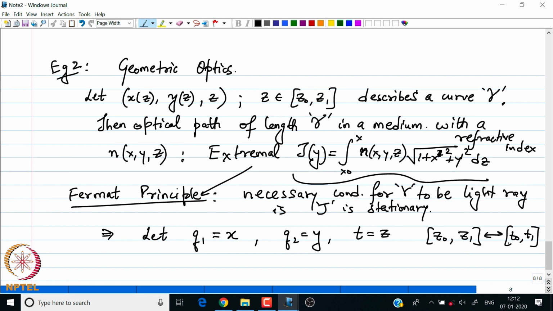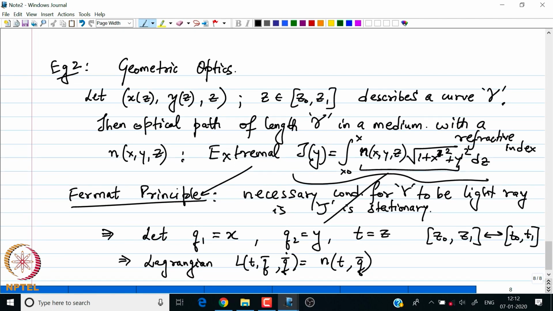And then further, note that my Lagrangian L of t, q bar, q bar dot is given by n of t, q bar, which is this quantity transformed in the new variables, times the square root of 1 plus q bar dot square, right.